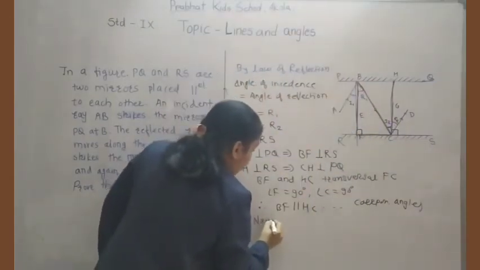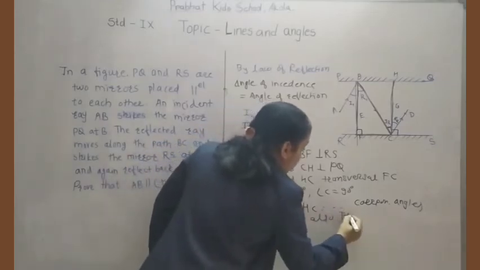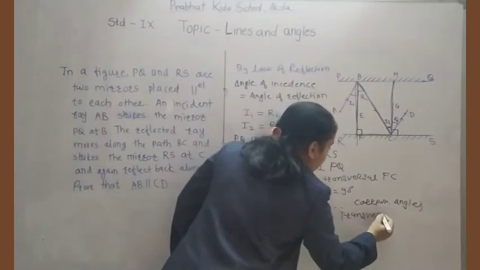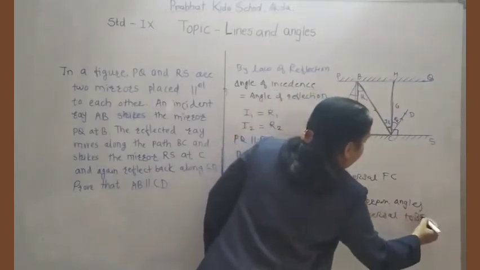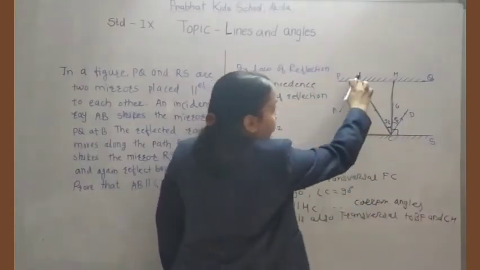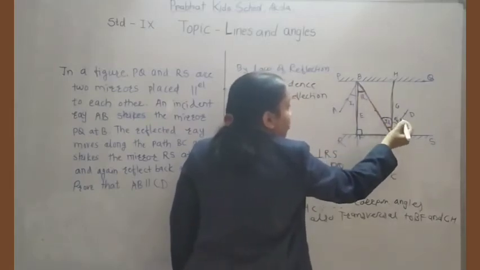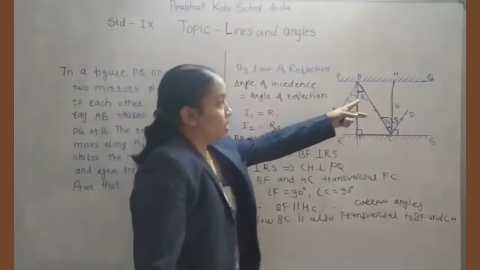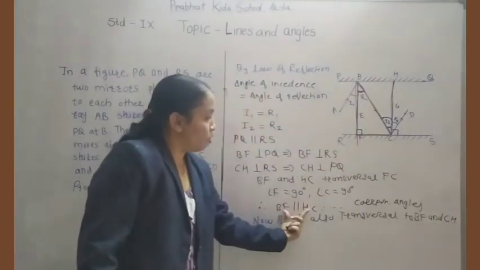Now we are taking BC as a transversal. BC is also a transversal to BF and CH. So R1 and I2 are alternate angles, and the lines are parallel, as we already proved that BF is parallel to SC.